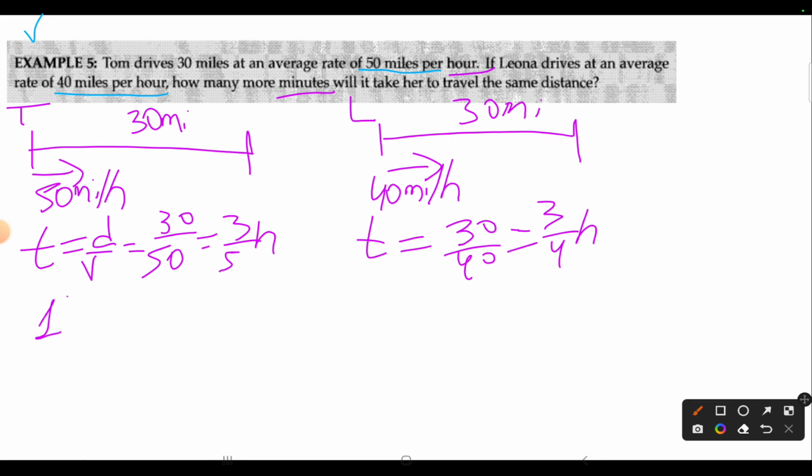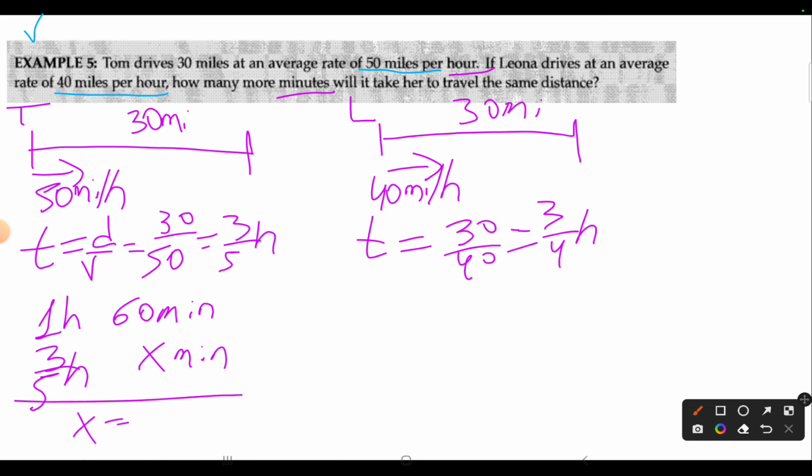We can write a proportion: 1 hour is 60 minutes, and 3 over 5 hours is how many minutes? We multiply 3 over 5 by 60. 5 and 60 cancel, 12. 12 times 3 is 36 minutes. It is his time.